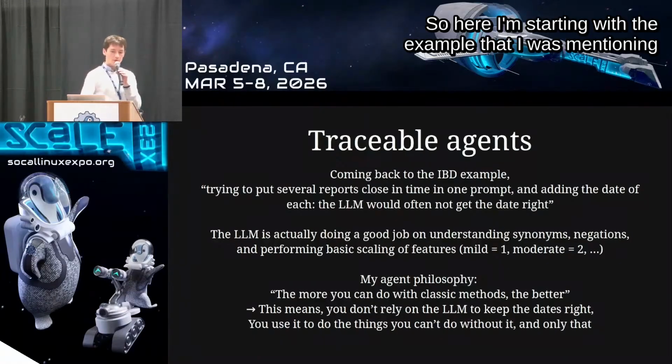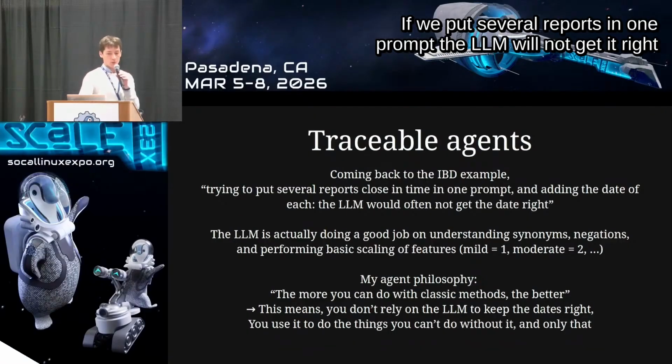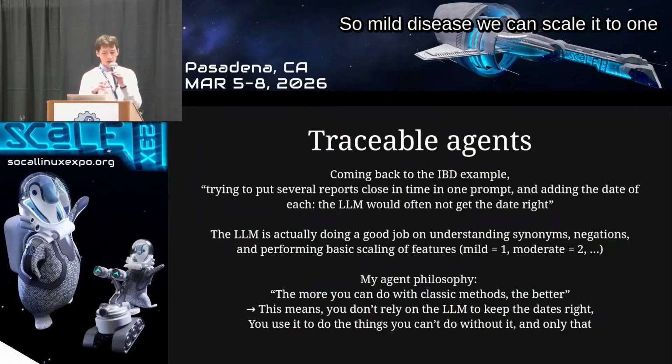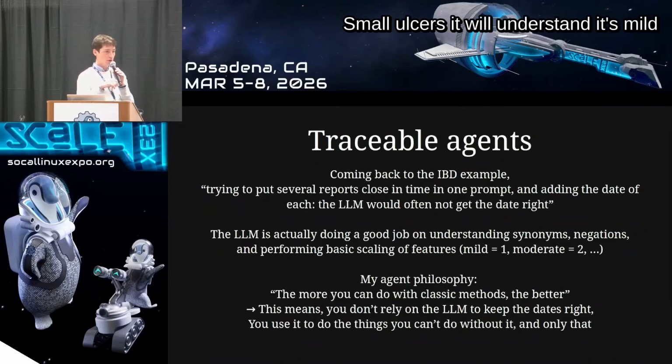So here I'm starting with the example that I was mentioning. If we put several reports in one prompt, the LLM will not get it right. But we have to admit that it's doing a very good job on identifying the natural language parts. So mild disease, we can scale it to 1.